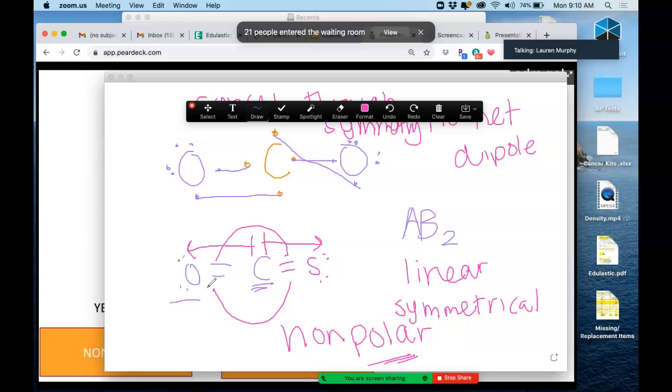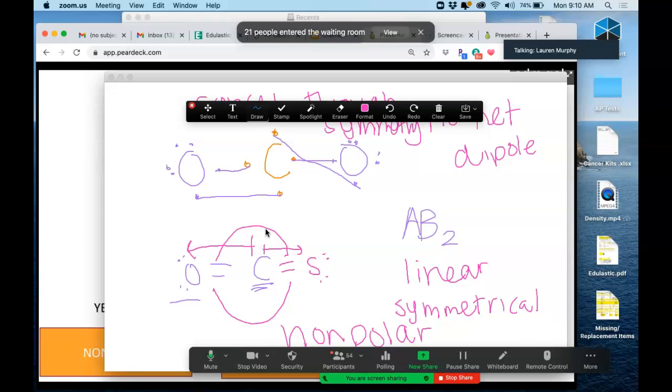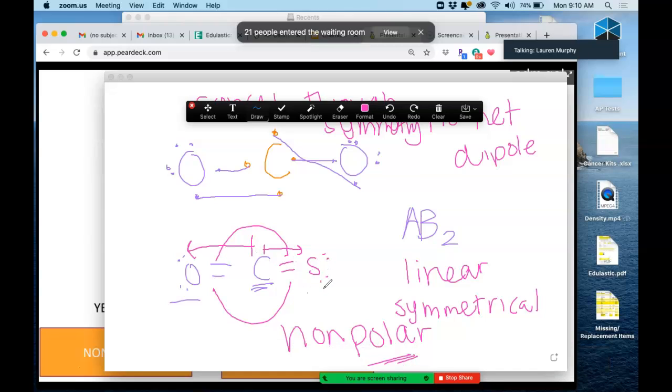Now, this is linear. It's a line, meaning it's a straight line, and linear is symmetrical. However, in the tug of war, oxygen yanks way harder on electrons than sulfur does. See how these are not the same two atoms bonded to the central atom anymore?